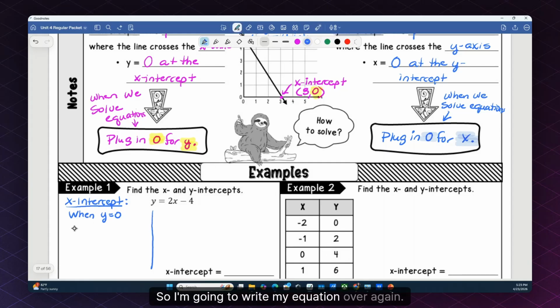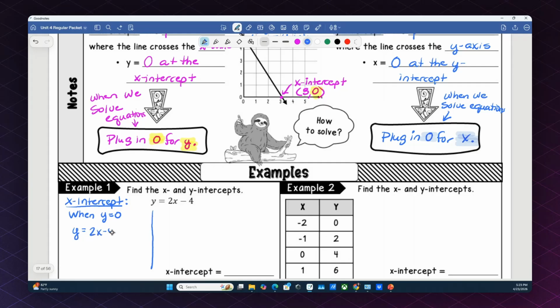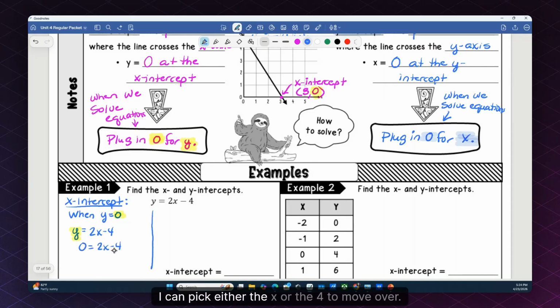I'm going to write my equation over again and plug this 0 in for y. So I get 0 equals 2x minus 4. I can pick either the x or the 4 to move over. It doesn't matter which. The easiest thing to me is to move the 4 over, but you might solve it a little differently; you could have moved the x over.